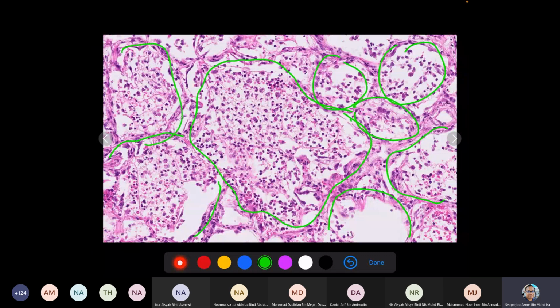Within the alveolar space here, you can see there are multiple cells. The blue ones are the alveolar macrophages, which help to engulf or eat all the bacteria or viruses that enter the airway.